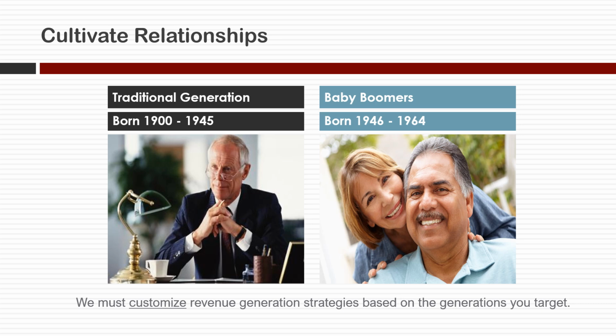Traditional generation, people born between 1900 and 1945. You want to think about how would I approach a person in this generation. Am I going to say you can follow me on TikTok? Absolutely not. Your approach to this generation of people will be different from how you approach other generations.